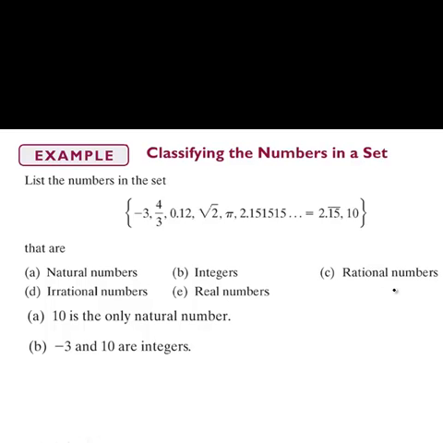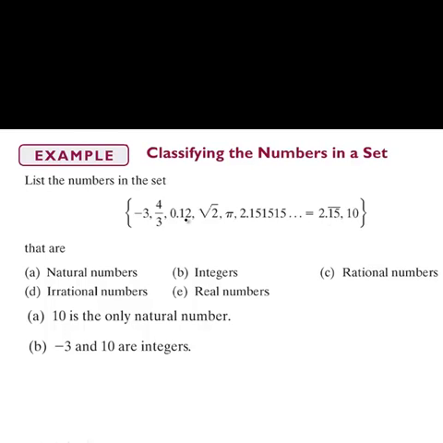How about the rational numbers? Well, all of the integers are going to be rational numbers. So the -3 and the 10. But what about numbers that have repeating decimals? Those are also rational numbers. When you have decimals that have repeating numbers or repeating sets of digits, those are rational numbers.